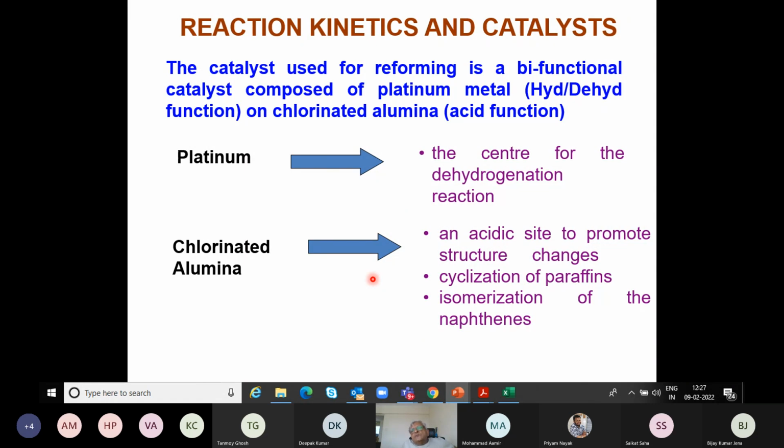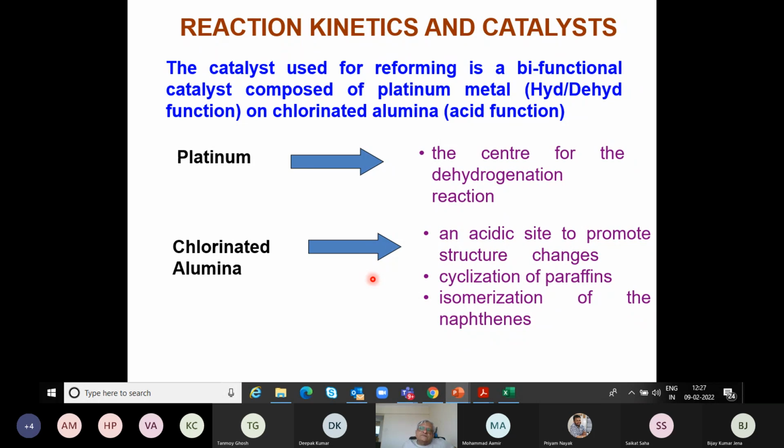And although molybdenum was being used, he tried many other metals, and he then found that platinum was the best. So the catalytic reforming catalyst does have platinum on it.